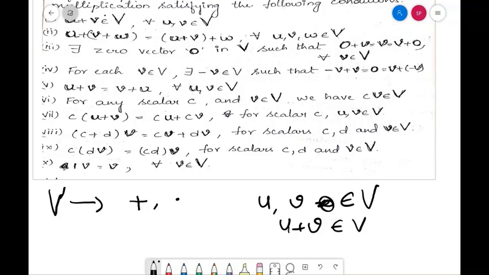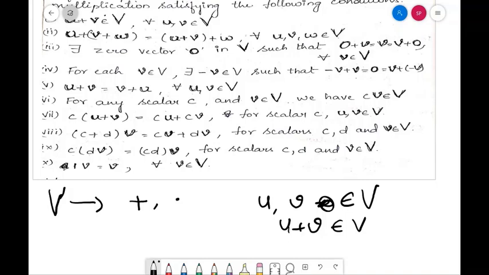Then what is the third one? There is a zero vector 0 in V such that 0 plus v is equal to v is equal to v plus 0. We know the zero element as the additive identity.